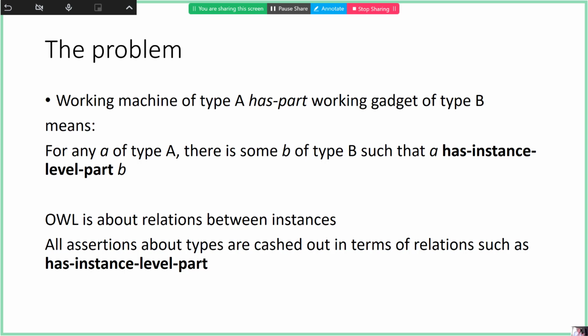So this particular machine has a widget of type B, which is this particular widget b. Every type exists only through its instances, and OWL is about the relations between those instances.